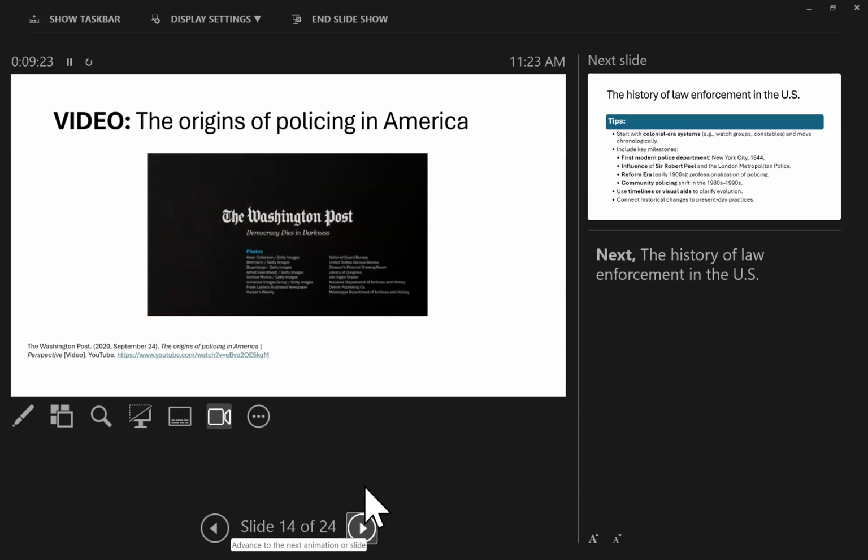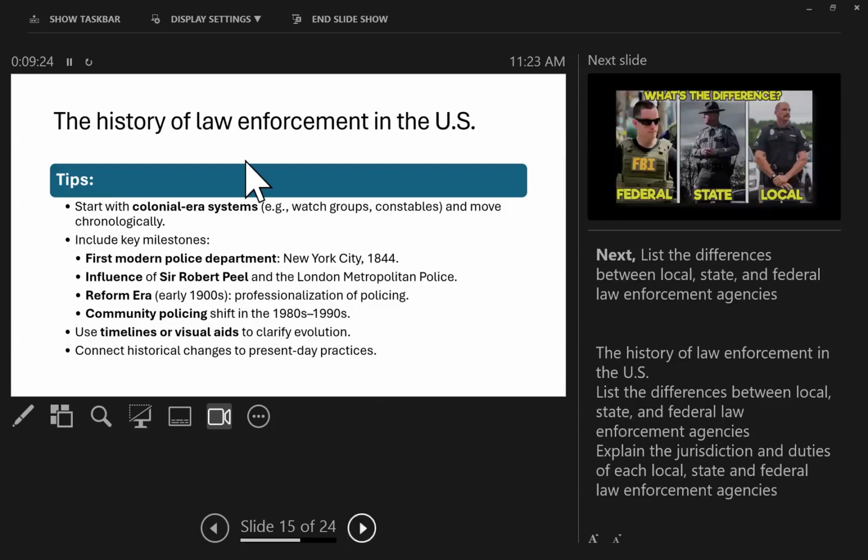Okay, moving on. The history of law enforcement in the United States. These are some tips that you might consider adding to your outline. I like the part where it says use timelines or visual aids. Pictures say 1,000 words.